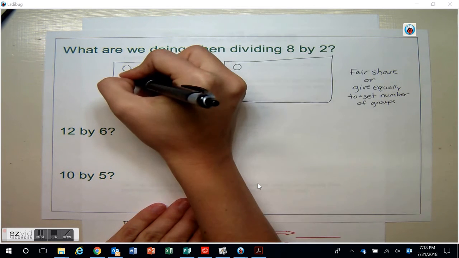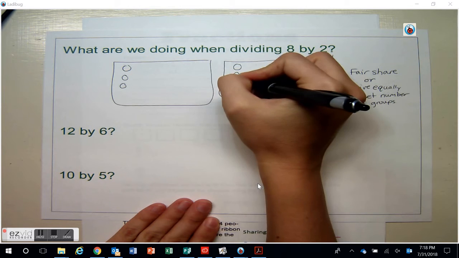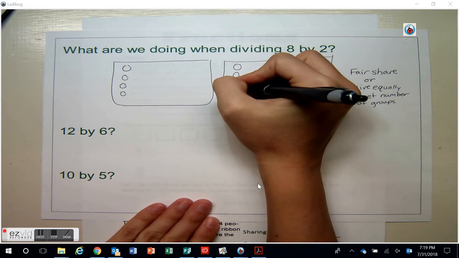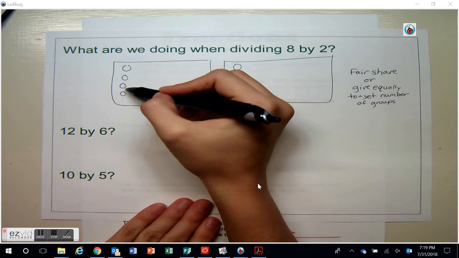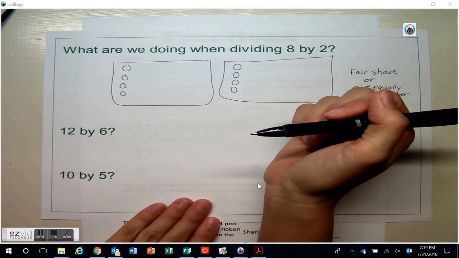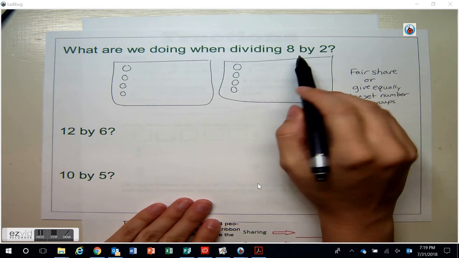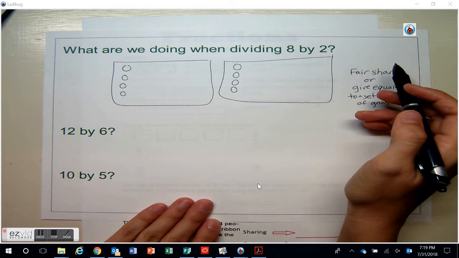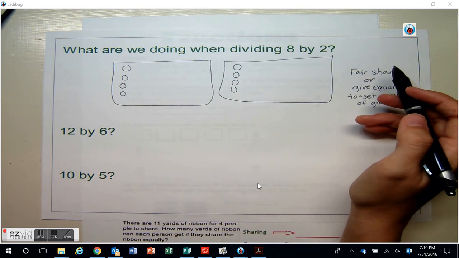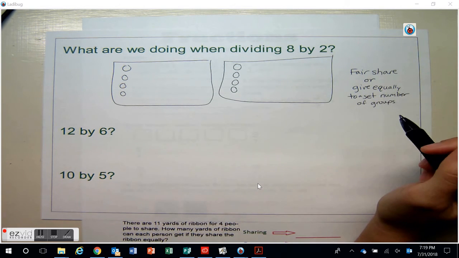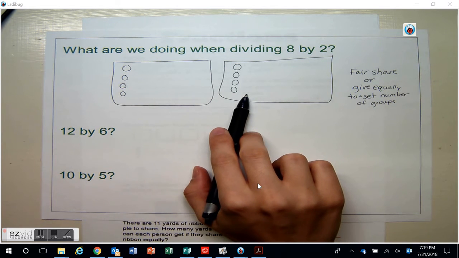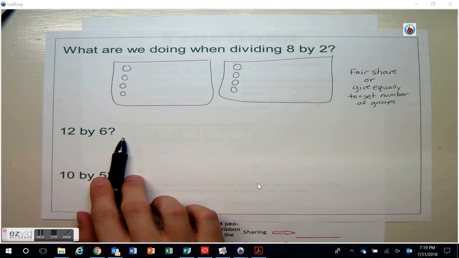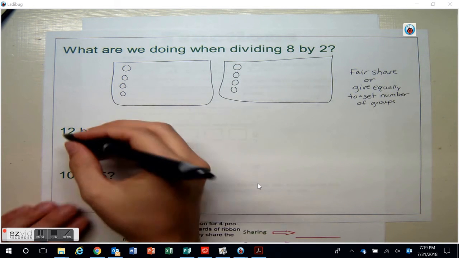If I divide 8 by 2, I'm going to make 2 groups. Here's 1 group. Here's 2 groups. And I can fair share or give equally to a set number of groups.